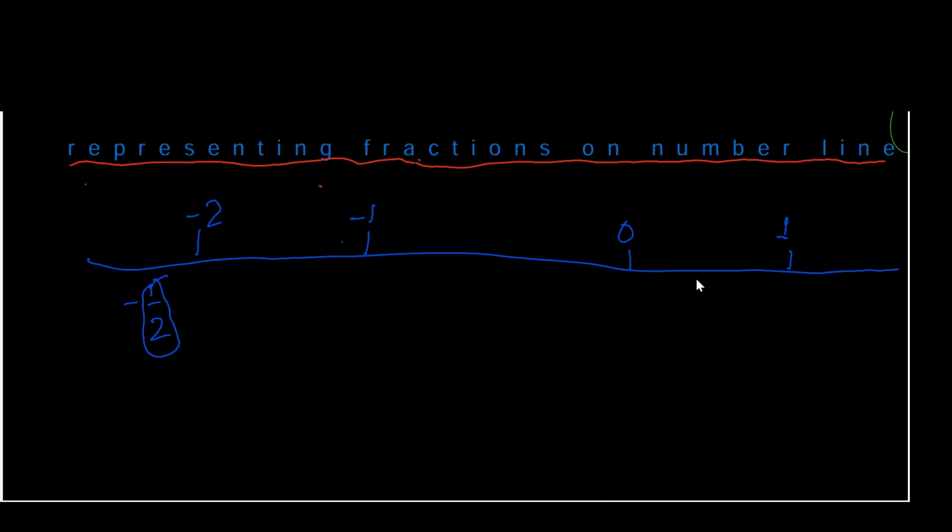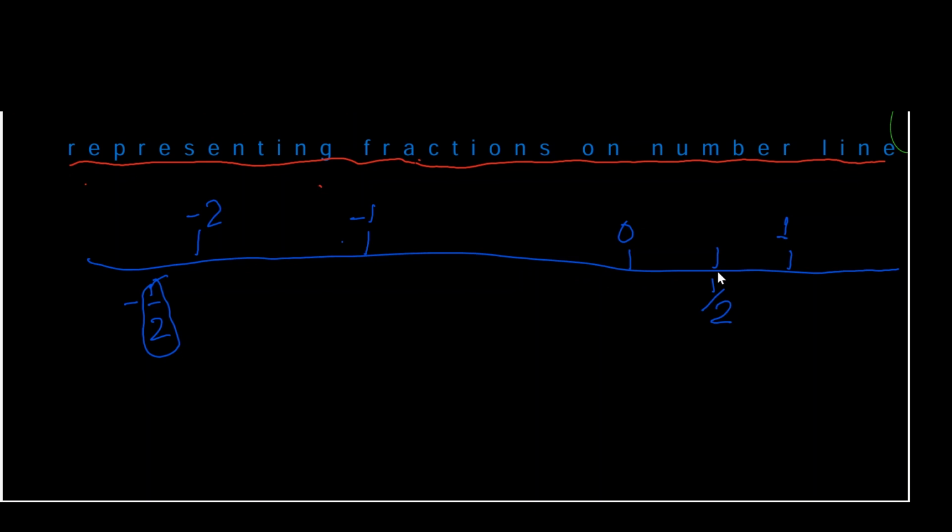So you know how to represent 1 by 2. You represent 1 by 2, and now we also make 1 by 2 at equal distance.